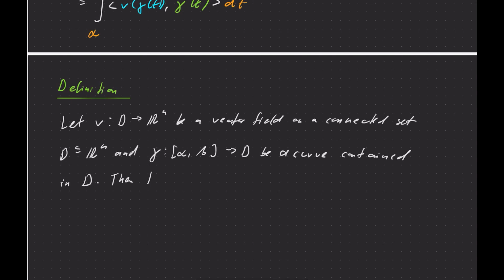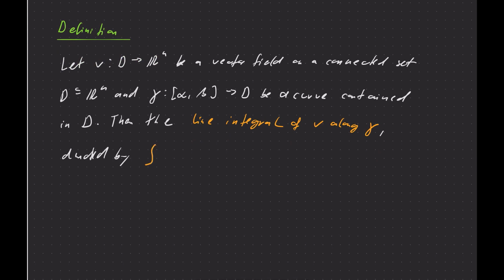Then the so-called line integral of V along gamma, denoted by, so the notation for that is the same as the line integrals over scalar fields. You just write integral over gamma of V ds. You again use that ds.